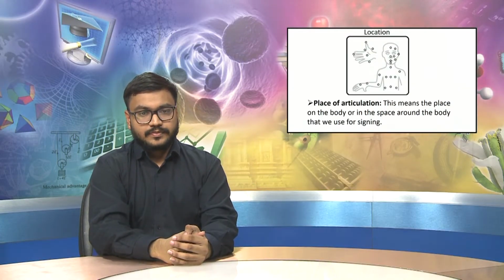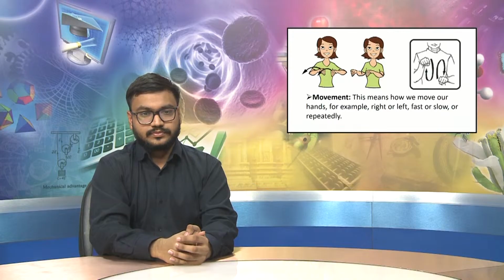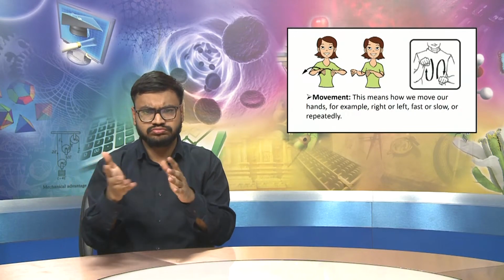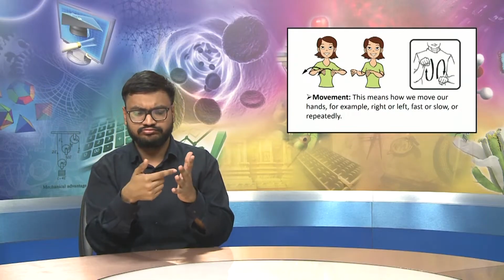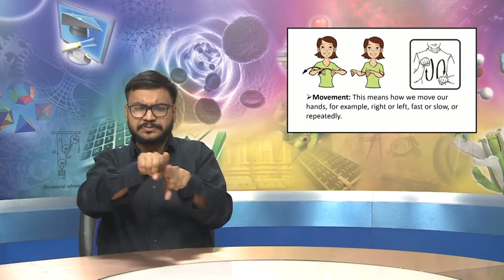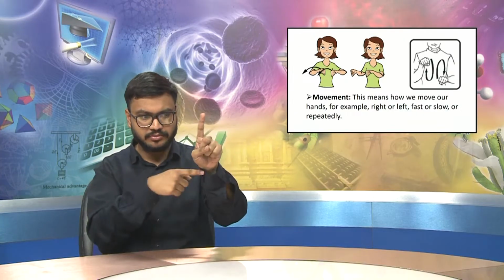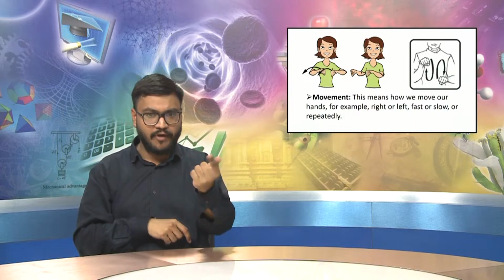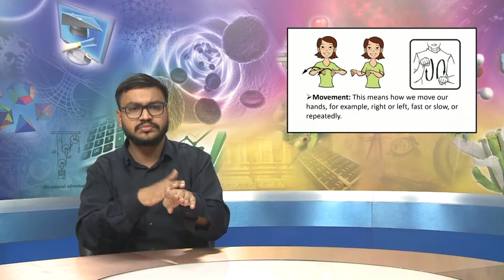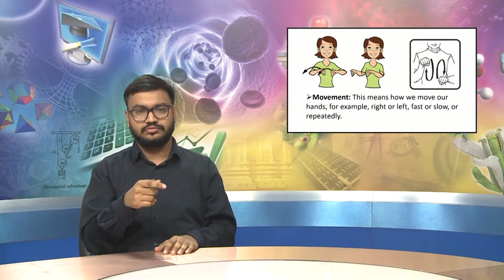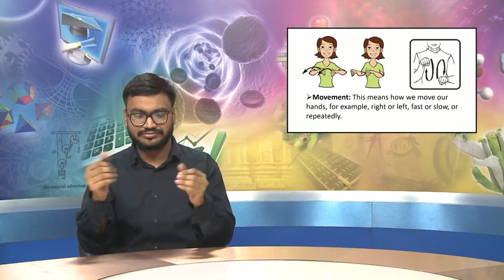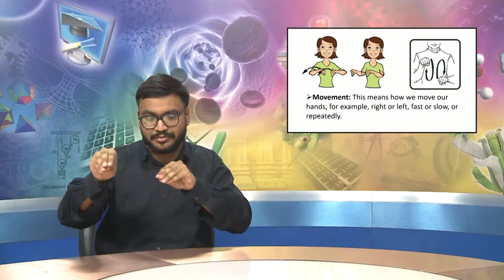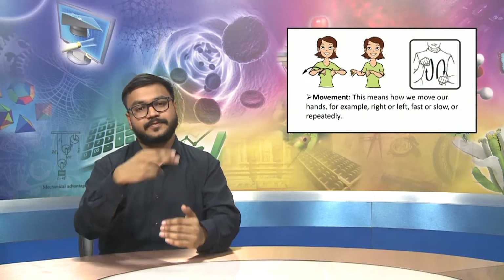It is called a location. Movement: this means how we move our hands. For example, right or left, fast, slow, or repeatedly. These are examples of the movement.